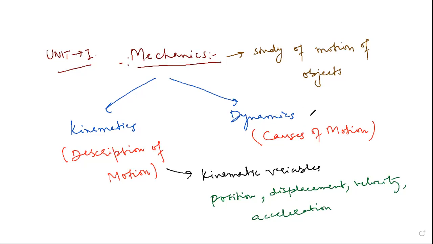If something is moving some way, why is it moving that way, not the other way? We discuss those causes, and those causes are answered by Newton's laws of motion. So in other words, in dynamics, we discuss Newton's laws of motion, right?